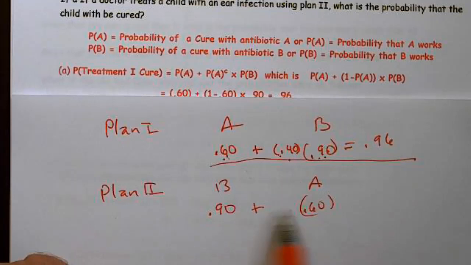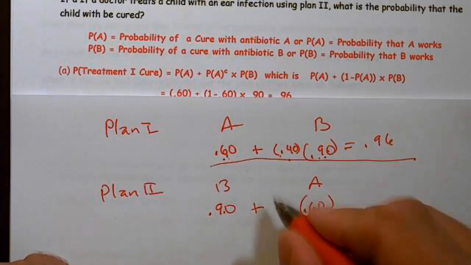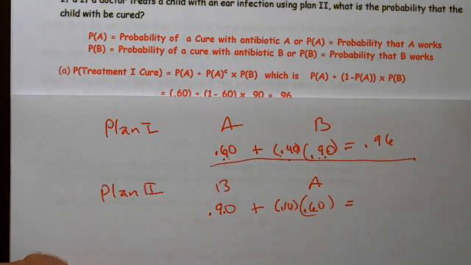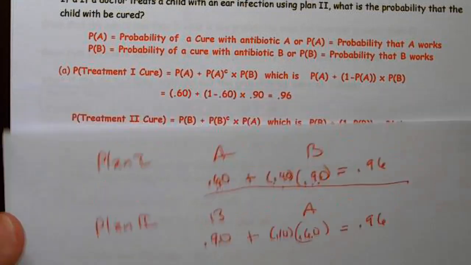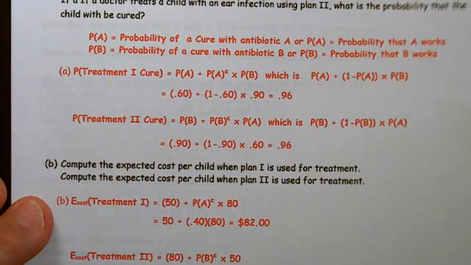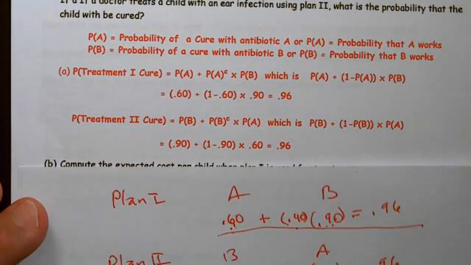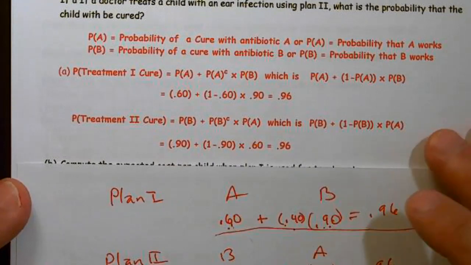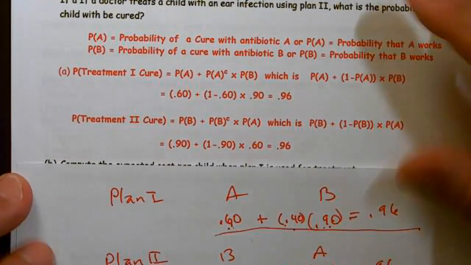I only use drug A if drug B doesn't work, which is 10% of the time. And that also is 0.96. So both treatment plans have exactly the same cure rate. They cure 96%.